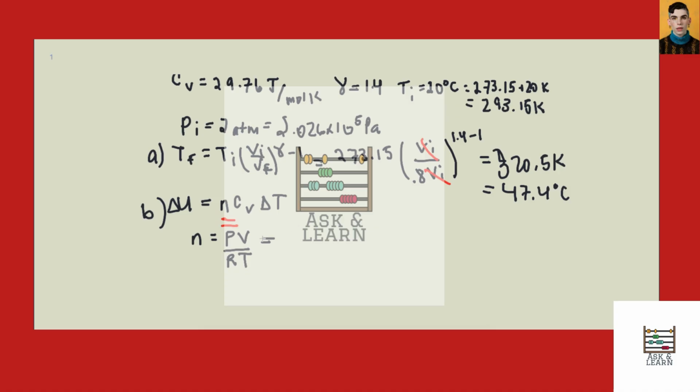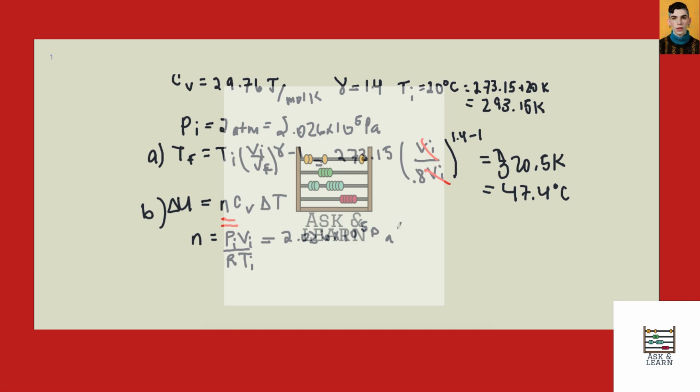And so we know the initial pressure. We have all the quantities to calculate this. So the initial pressure is 2.026 times 10 to the 5 pascals. The initial volume, I'm just going to use all initial, although we could use final if we wanted to, because the number should stay constant.